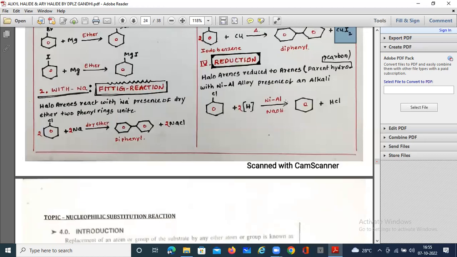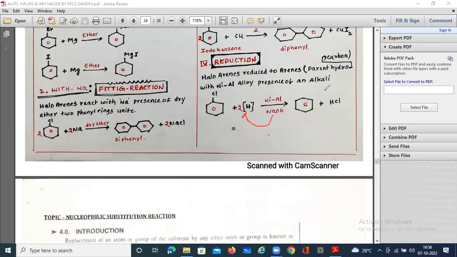Nickel-aluminum, which is known as an alloy, in the presence of alkali, that is NaOH. Then it releases what? Nascent hydrogen, like this.